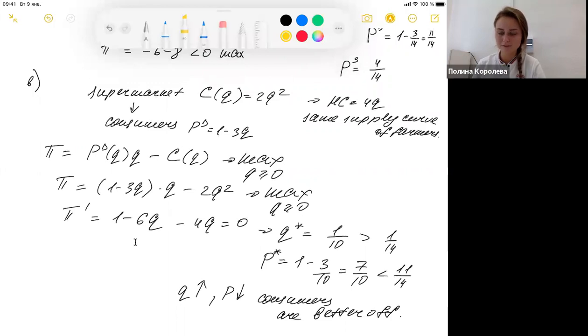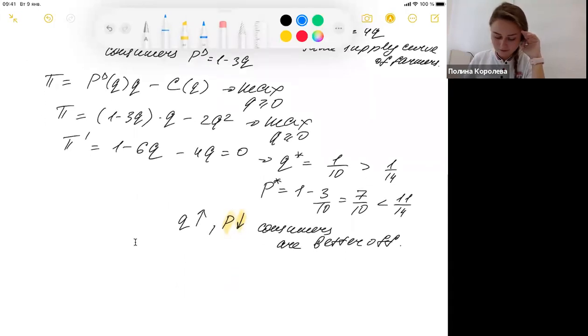So our supermarket uses its market power only on one stage, and you know that the lower the market power, the lower the price. Anyway, consumers are better off. Okay, let's write down something like this.